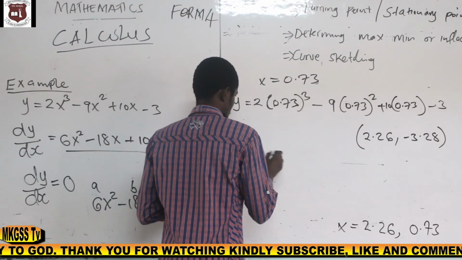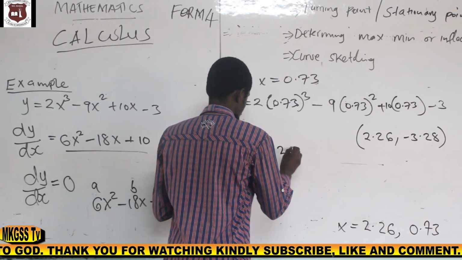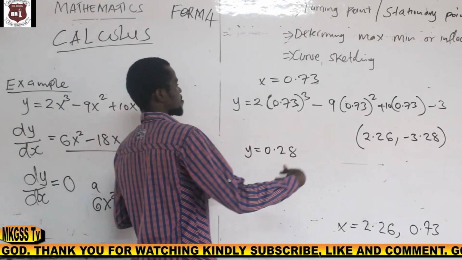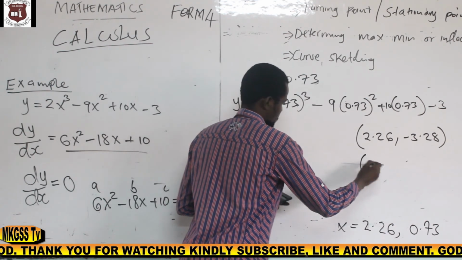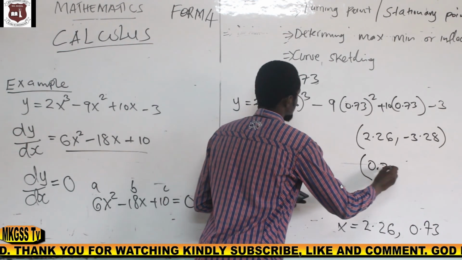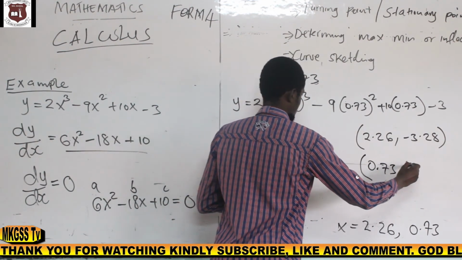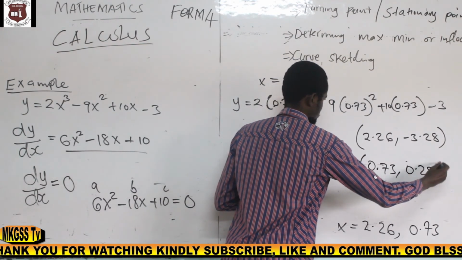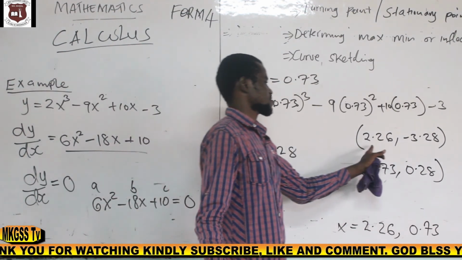So here you get y to be equal to 0.28. So therefore, the next turning point when x is 0.73 will be 0.28.